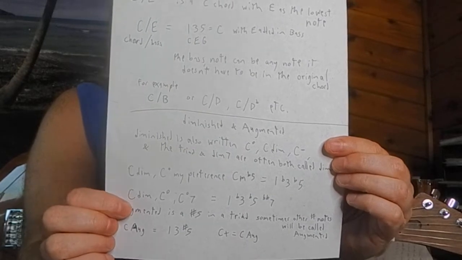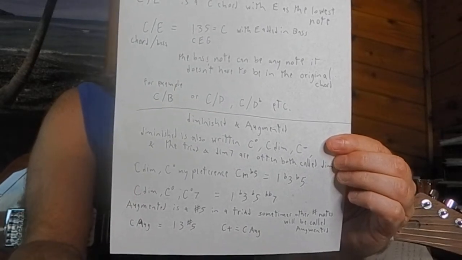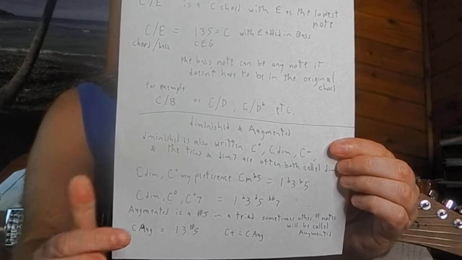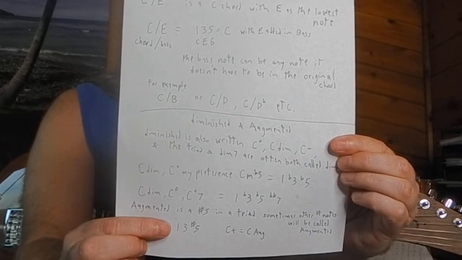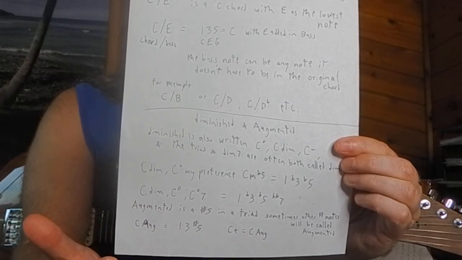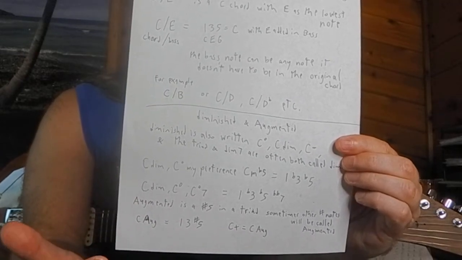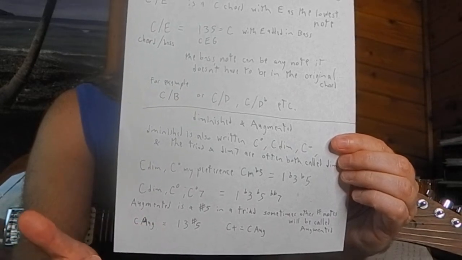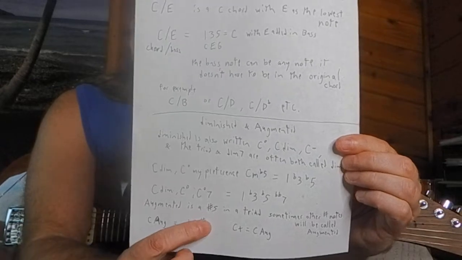Now augmented, like making bigger, so you're raising the 5th up. So the augmented triad is just 1, 3, sharp 5. And you could write it as a major sharp 5, but there's not as much confusion with augmented, though sometimes augmented will be written as a plus sign too.